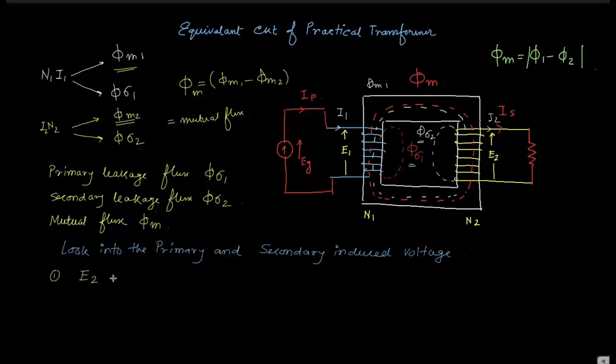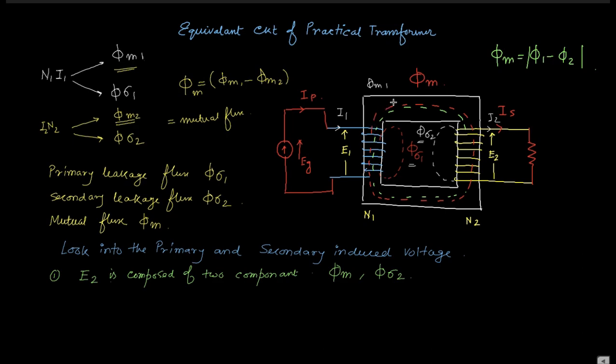If you consider the secondary side, E2 is composed of two components. What are they? That is due to phi m and phi sigma 2.